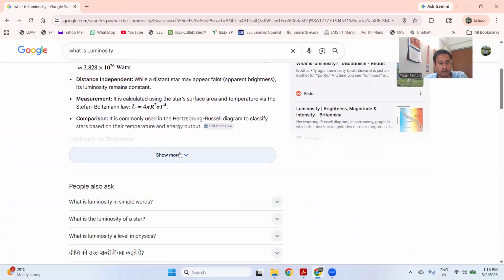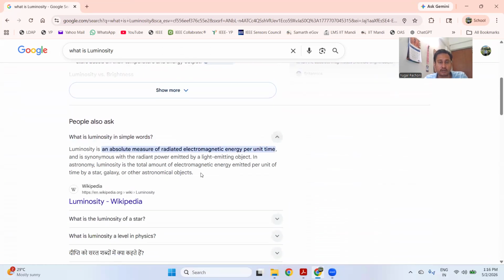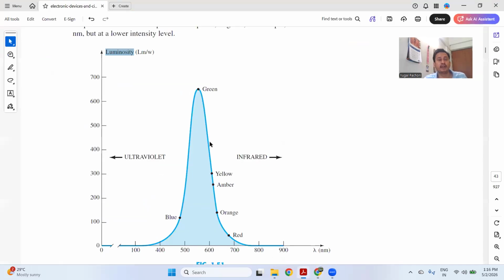In simple words, luminosity, the intensity of the light, is an absolute measure of radiated electromagnetic energy per unit time. So it is the energy associated with the light at that particular instant of time. The wavelength is measured in nanometers, and the luminosity is in lumens per watt, which is 700 at the highest.